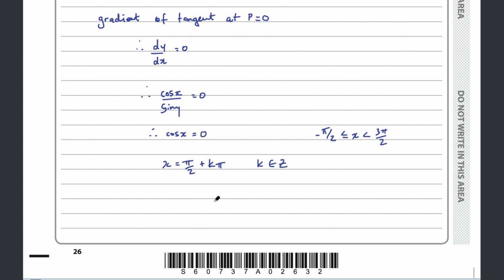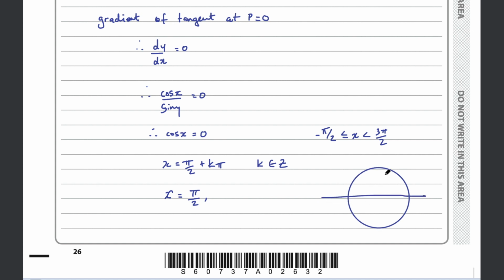So looking at our domain now, what are the possible values of x? Well, we know pi on 2 is one, because that fits in our domain. Actually, it might make this easier to draw a unit circle.